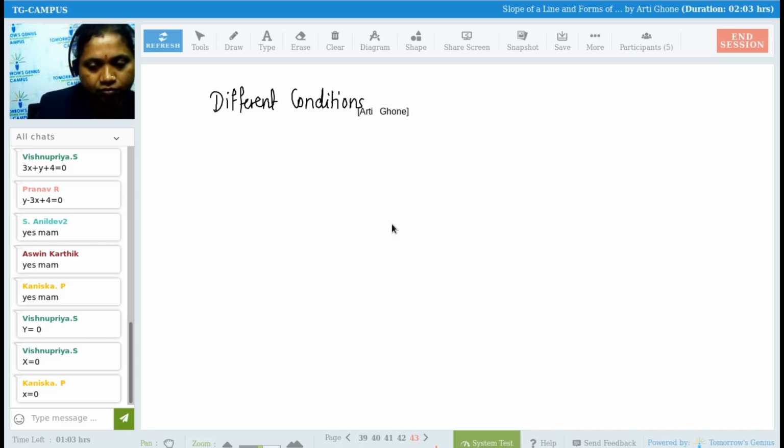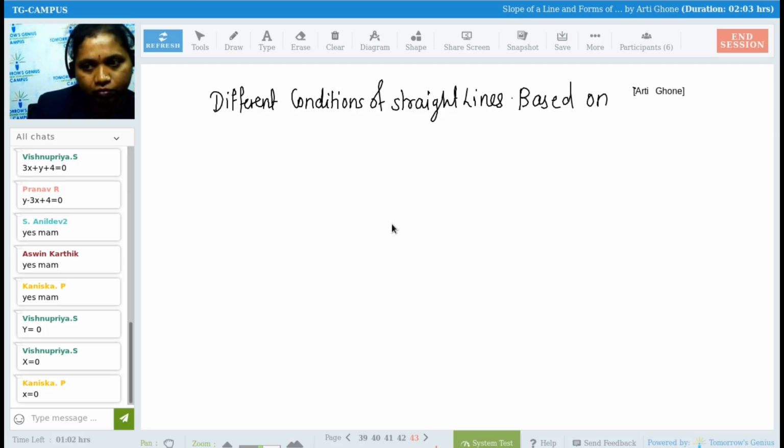Different conditions of straight lines, based on slope. First, we will have straight lines of the kind parallel.